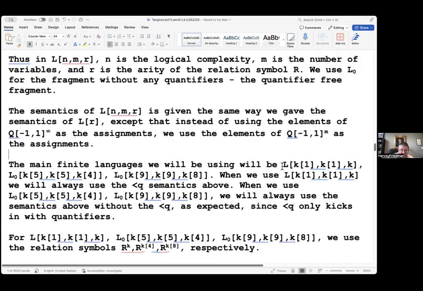And we really only have these three languages I keep talking about. When we use this, we always use the less than Q semantics. When we use these, we always use the semantics without the less than Q, because less than Q only kicks in with quantifiers, and these don't have any quantifiers.